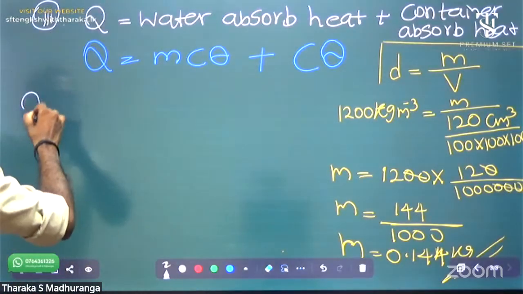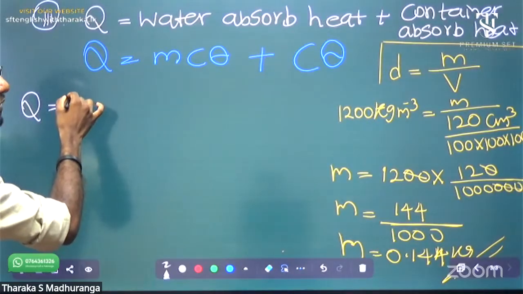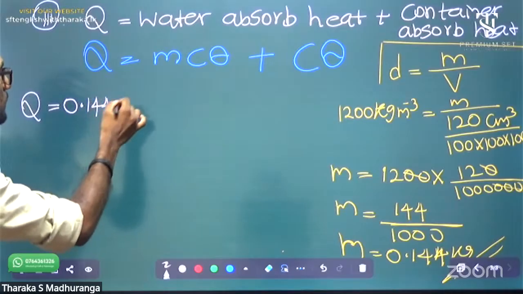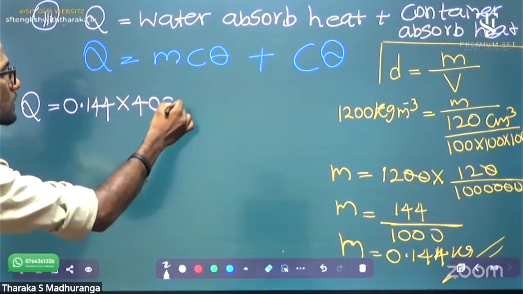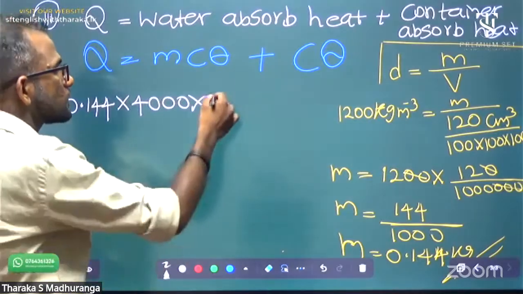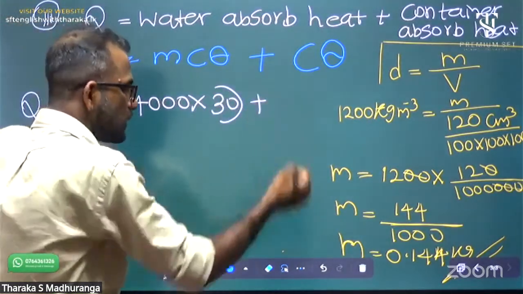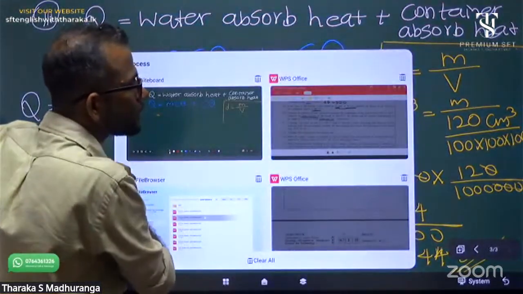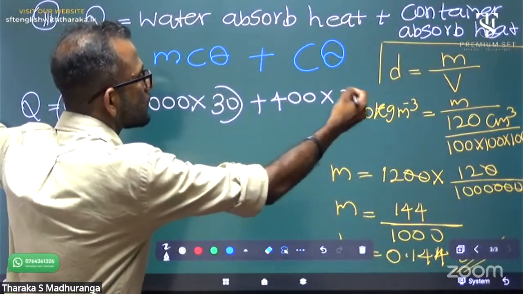Okay. Then Q equals mass of water, 144 means 0.144 kilogram, specific heat capacity 4000, temperature difference 30. The heat capacity of the container 400, temperature difference 30.